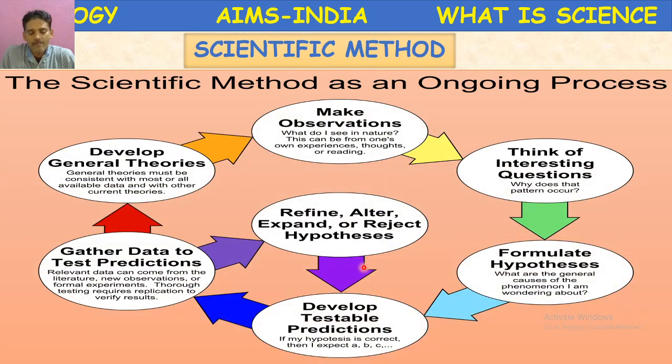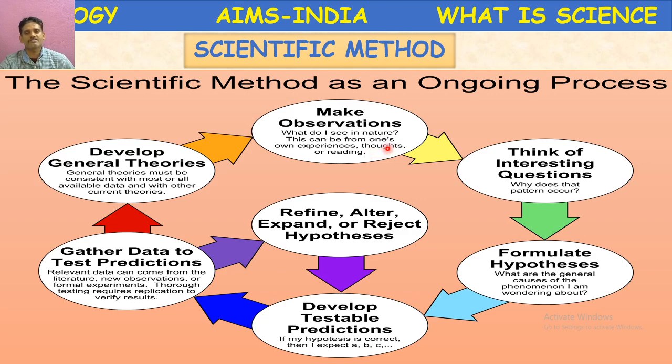Finally, once again, let us refresh the scientific method. What is the scientific method? The scientific method is an ongoing process. Make observations. What do I see in nature? This can be from one's own experiences.